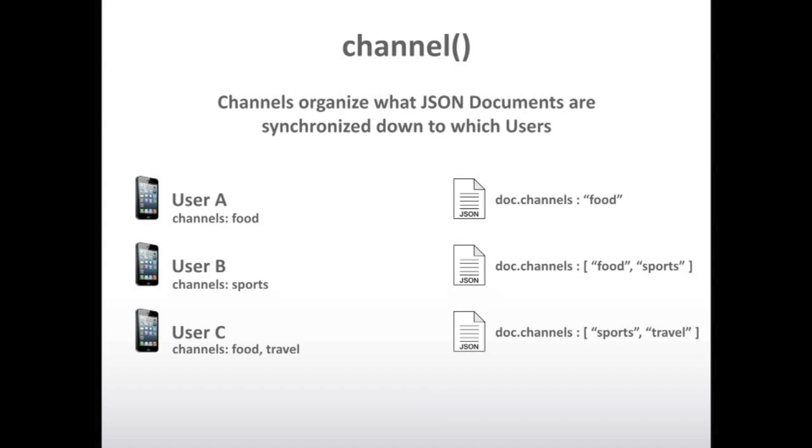Let's say we create a chat channel called chat123, and we associate users A and B with it because they both clicked a button and said I want to chat with so-and-so. Every time they type a message, it's associated with that chat channel, so it gets synchronized up to the server and back down, because they're both associated with that chat channel.